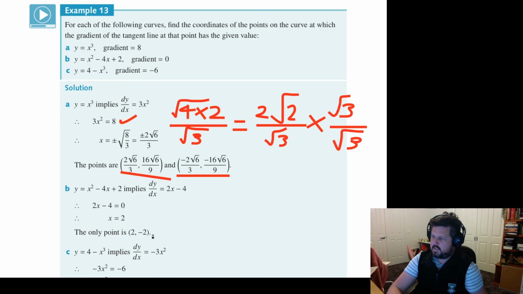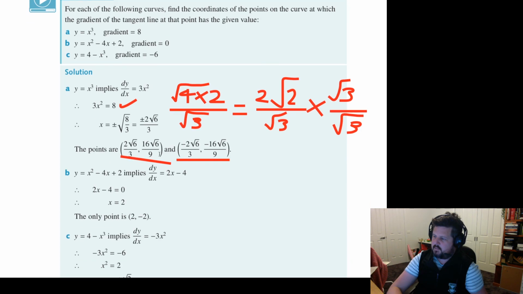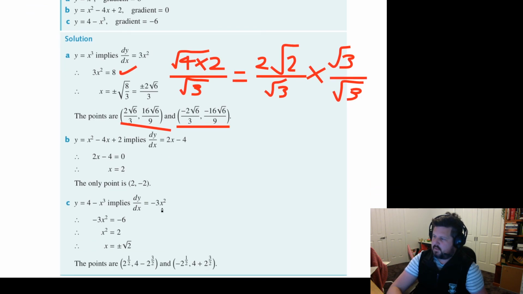Last one here, we've got y equals 4 take away x cubed. Again, we need to differentiate this and make the derivative equal to negative 6. Here is the derivative which we've worked out, making it equal to negative 6. It's a matter of simplifying things down. Divide this side by -3, divide this side by -3, and then take the square root of both sides, remembering that it can be both the positive and negative value of that.